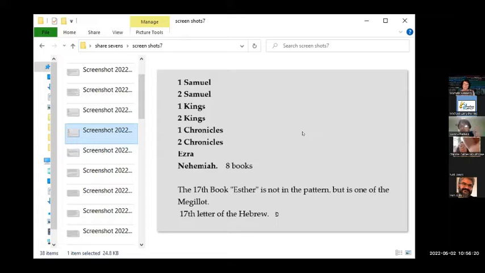But Lamentations is in the pattern one time. That's what made me look at Lamentations so closely, because there was an importance. Why isn't Ruth doing what these books are doing?